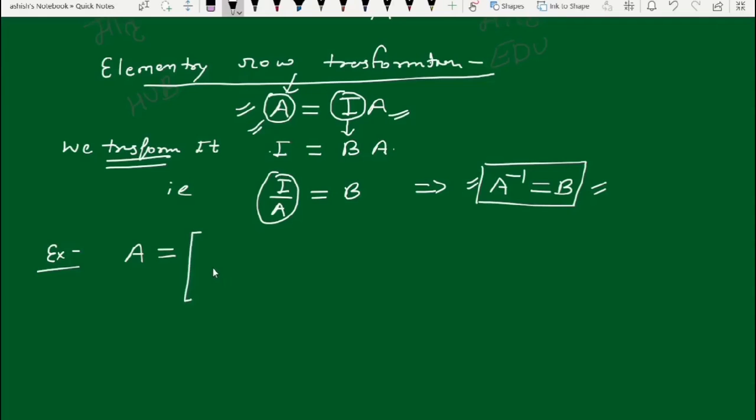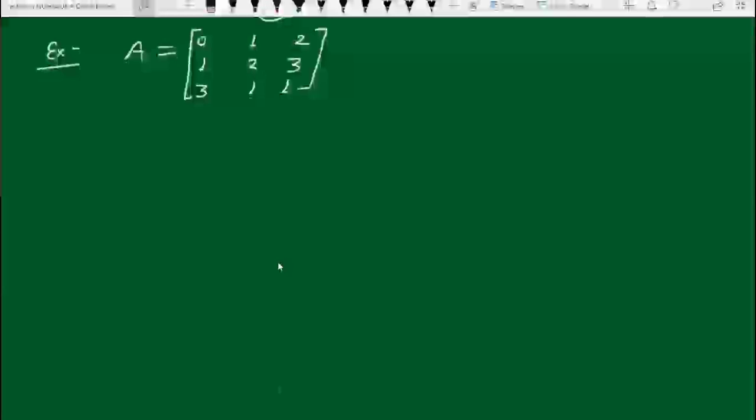By example, take a matrix A having elements 0, 1, 2, 1, 2, 3, 3, 1, 1. We have to find the inverse of this matrix.